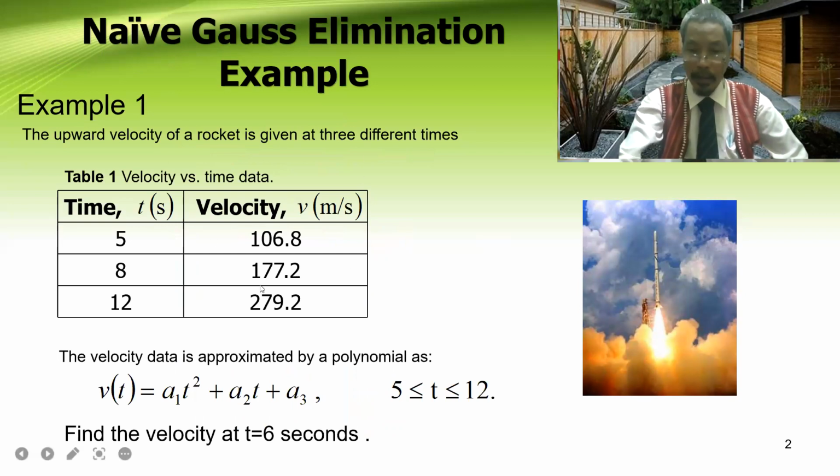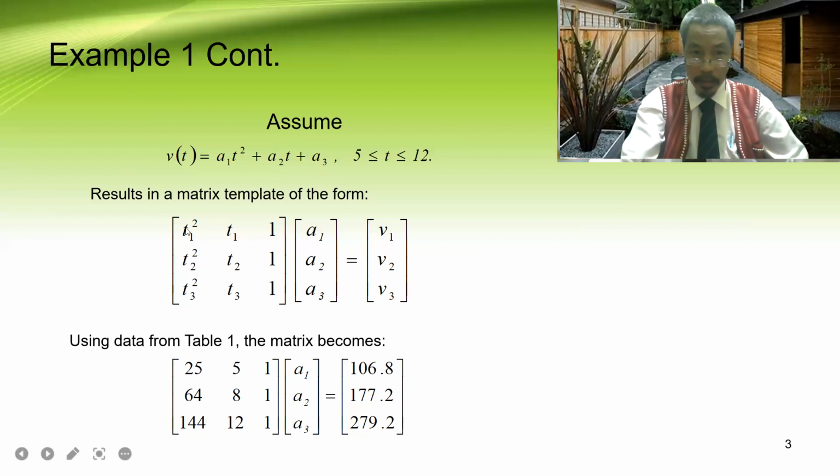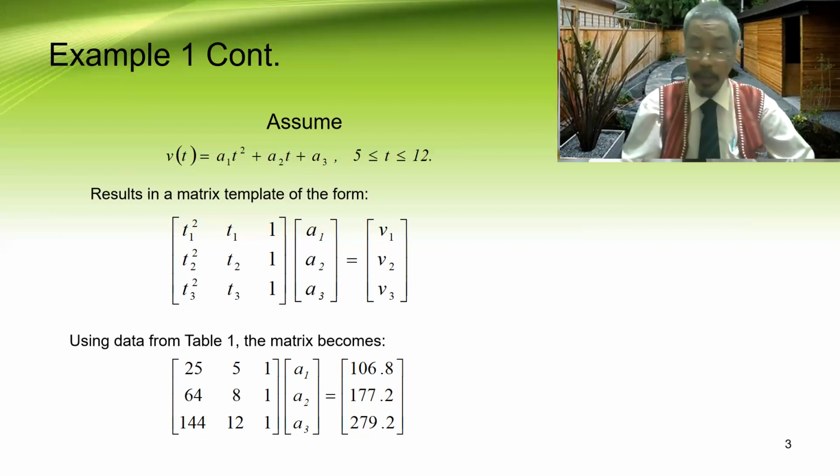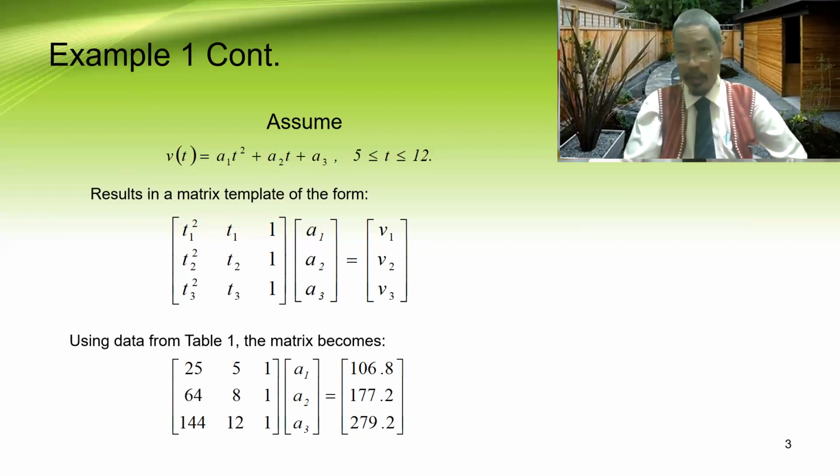And 5, 8, 12. So therefore, this is 5, 8, 12. So 5 squared is 25, 8 squared is 64, 12 squared is 144. Because we have this, we can solve for the coefficients of the equation, and therefore if we are able to solve for the coefficients, then we have the model.